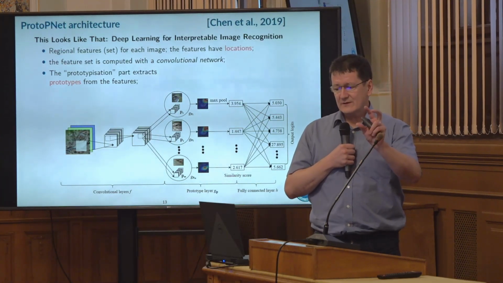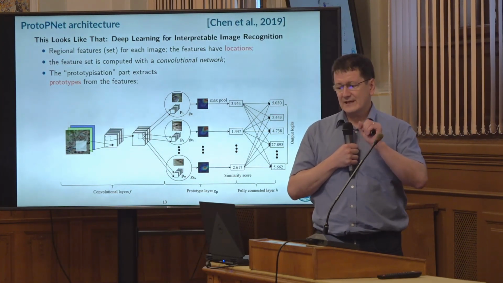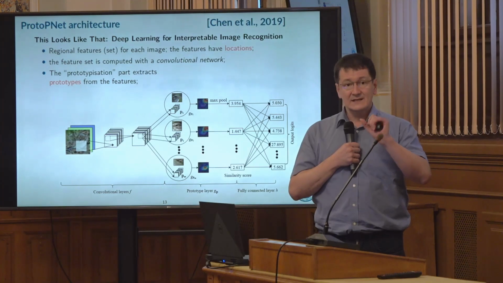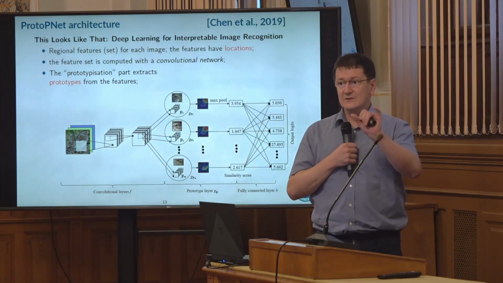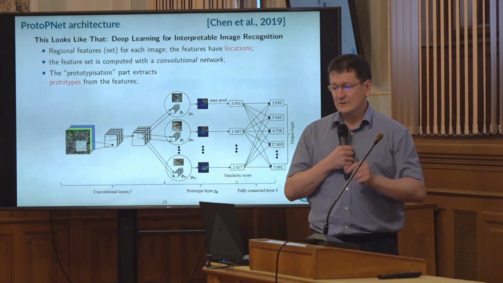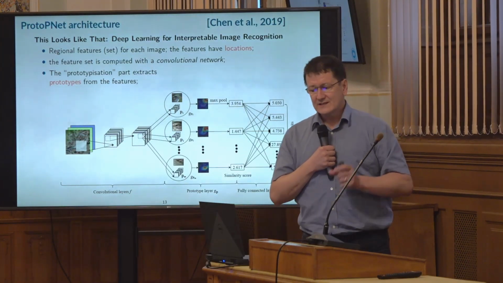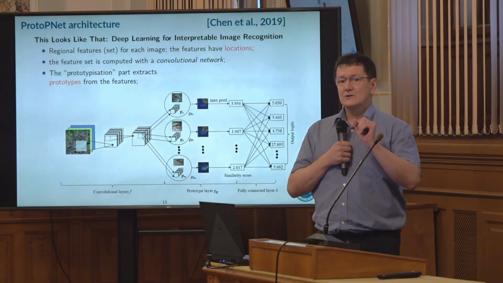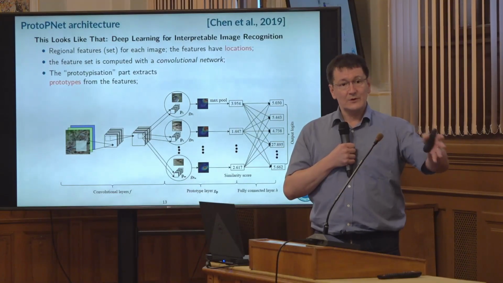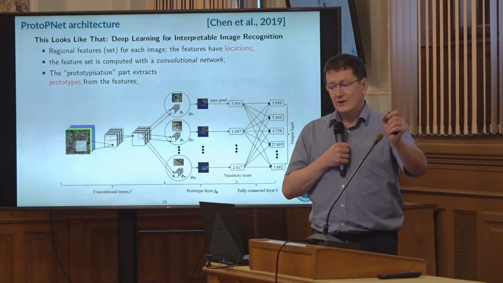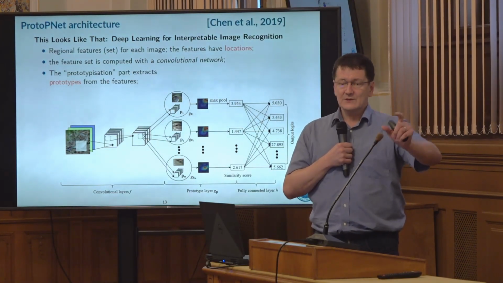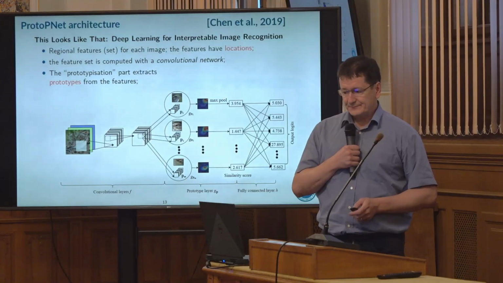So, considering regions from an image, these feature vectors, which you saw in these autoencoder-type networks as the latent representation, should also relate to the topology, to the location of those features in the input image.